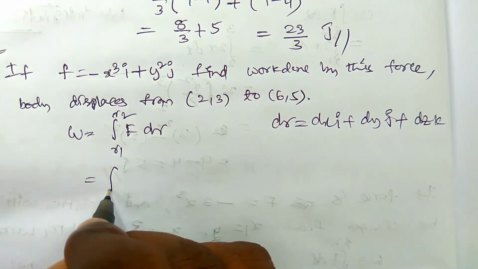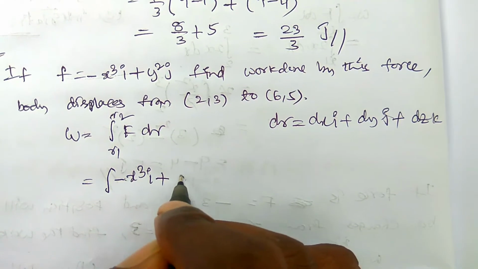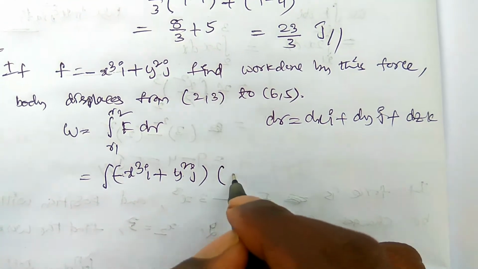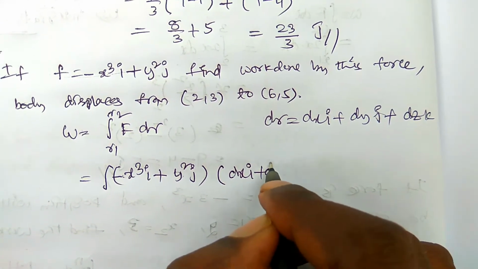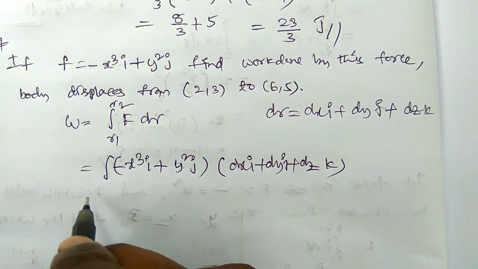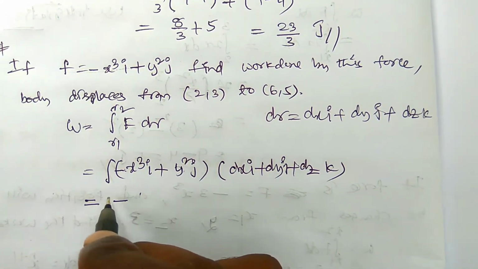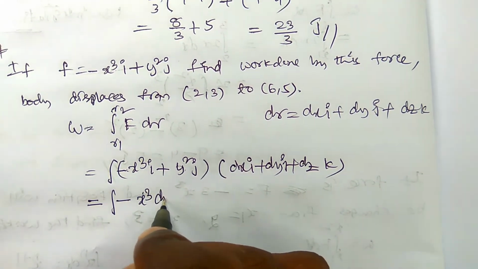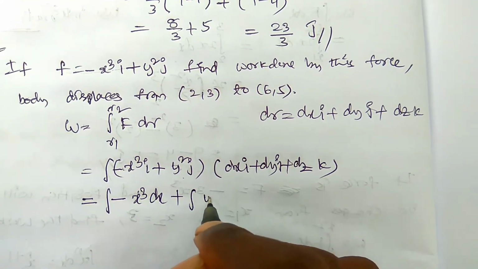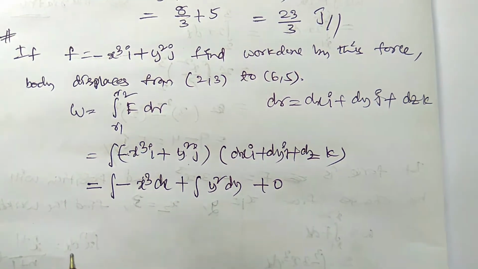So let F be minus x cube i plus y square j, dotted with dx i plus dy j plus dz k. It is equal to minus the integral of x cube dx plus the integral of y square dy. There is no z factor, so that is 0.